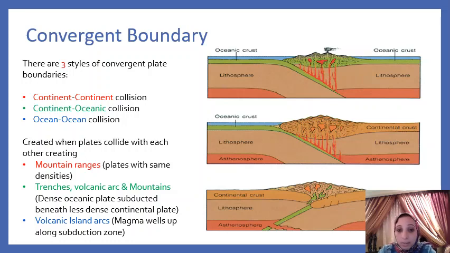And earthquakes may occur. The third diagram illustrates the continental crust colliding with another continental crust. They are maybe of the same density, so most of the time here mountains form, not volcanoes.